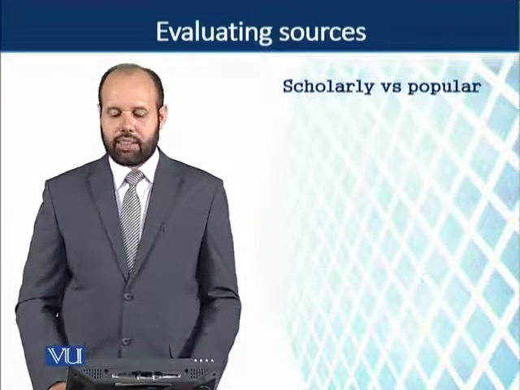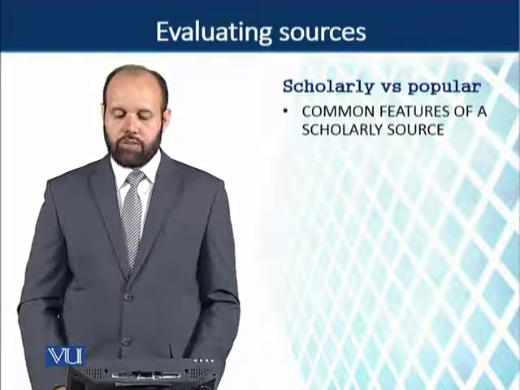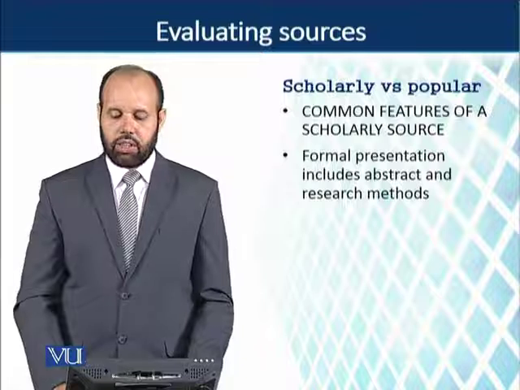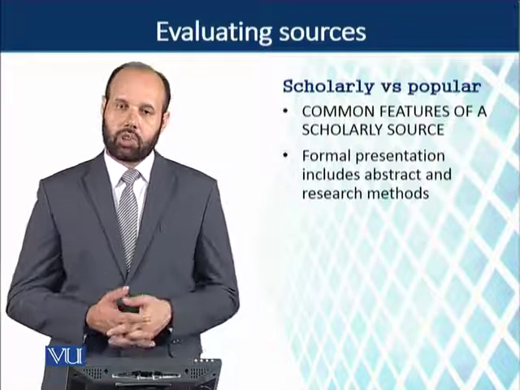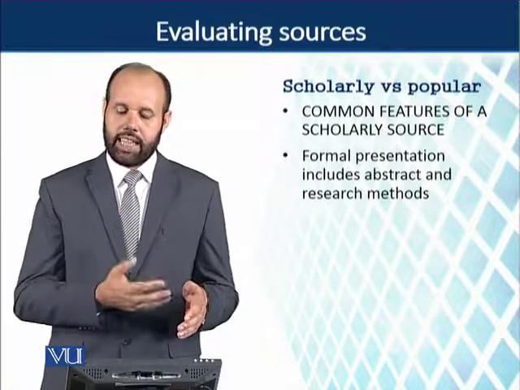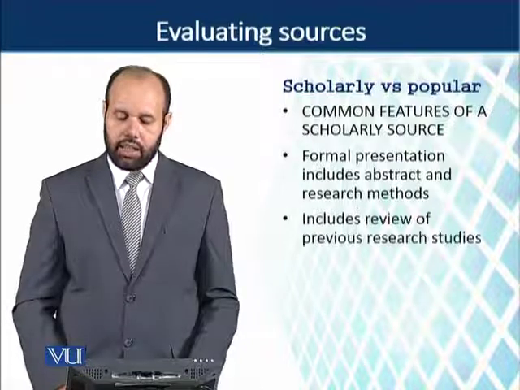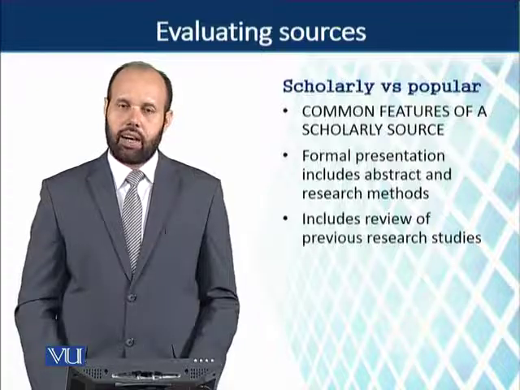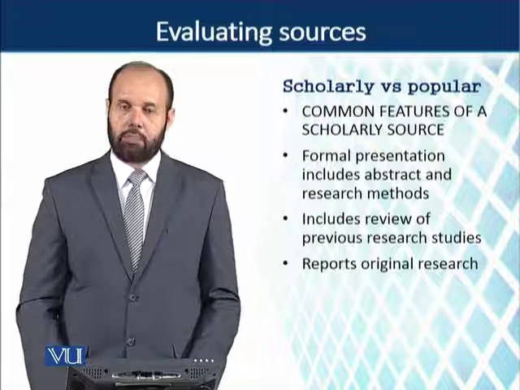Now let's discuss the difference between scholarly and popular sources. The common features of a scholarly source are, number one, formal presentation, which includes abstracts and research methods. Any scholarly source would be based on an abstract, written very technically, then the research methods involved for conducting the research study. Then it would also include a review of previous research studies, like the literature survey, and then it would be reporting the original research, the primary research.